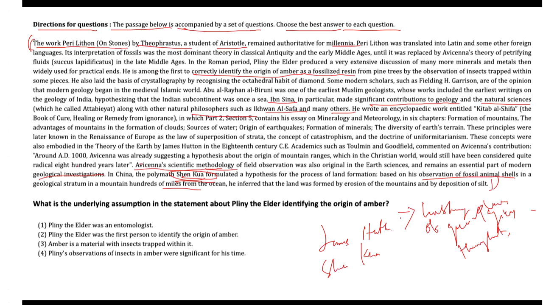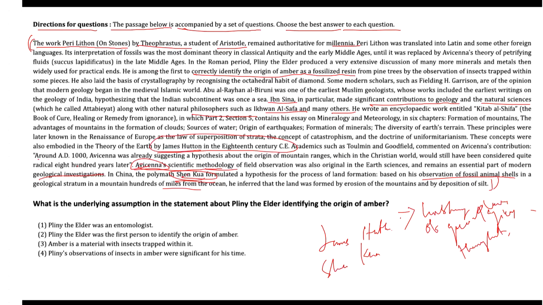After that, we talk about Avicenna's theories such as the Succus lapidificatus, which became influential in the late Middle Ages and contributed to concepts like the law of superposition and catastrophism. The next point is the theory of the Earth by James Hutton in the 18th century, which developed geological ideas in Europe.